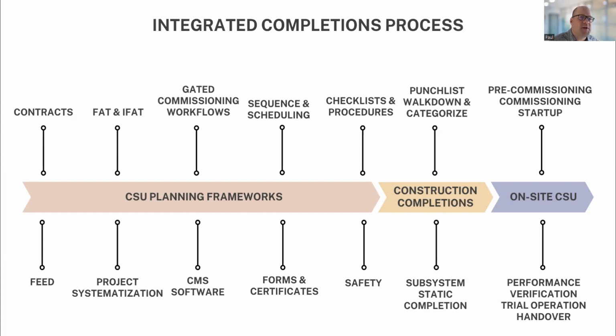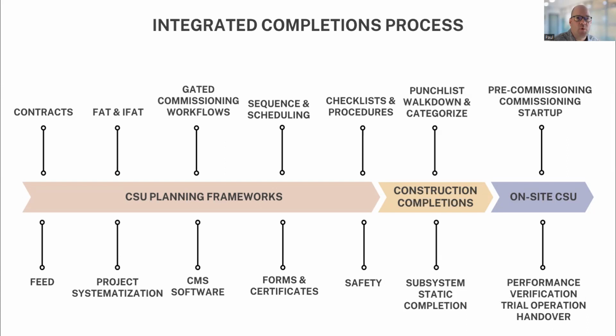Without that project systematization earlier in the project, things get quickly out of order from a design and construction perspective, and we don't have what we need in the proper sequence at the end to commission and start up our systems. So getting commissioning teams involved earlier and going through project systematization is a critical planning element for projects.